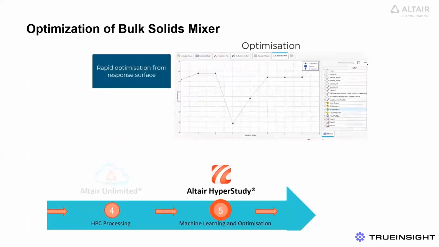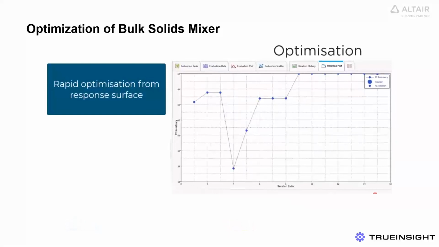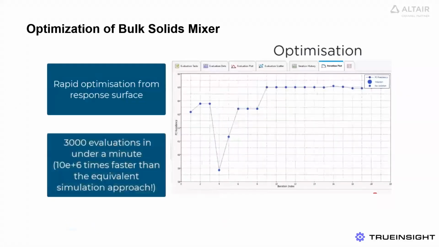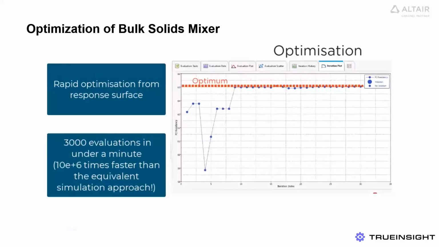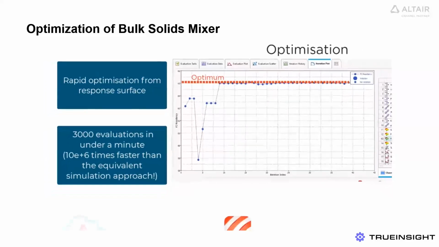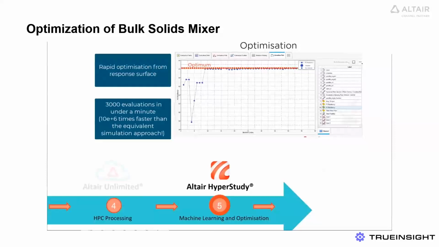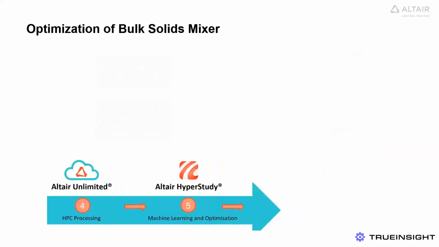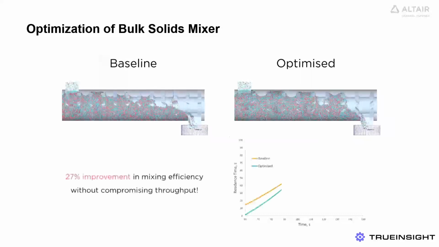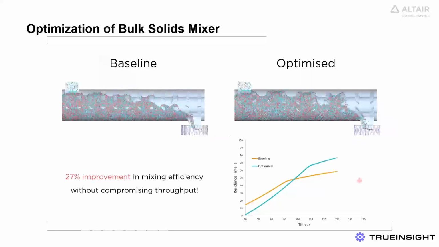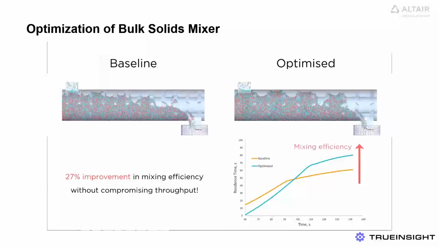You can visualize the evolution of the optimization as HyperStudy completes the EDEM simulations here. And finally, you can see how the optimum design was able to achieve an improved mixing level while maintaining throughput. Baseline on the left and optimized on the right, a 27% improved mixing efficiency.